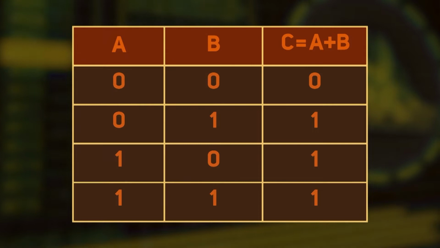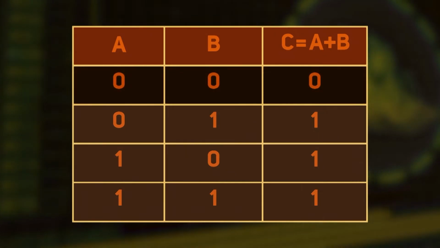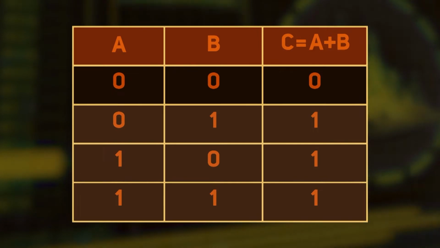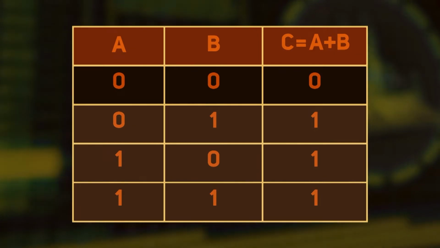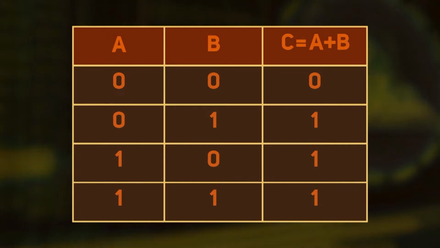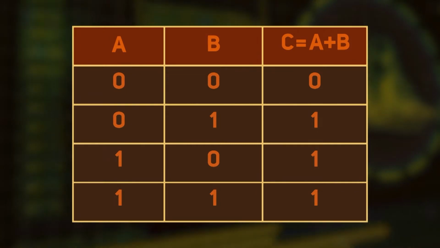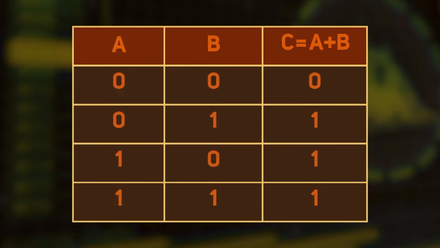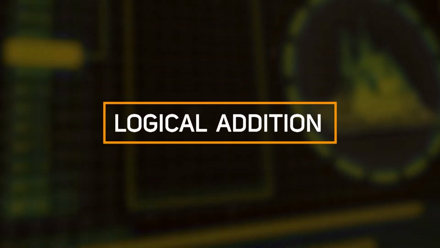Now observe the result. The result is 0 only when both A and B are 0. That is when all inputs are 0. In all the other cases, the output or the result is 1. This is different from normal arithmetic addition that we do in decimal, and we call this operation logical addition.